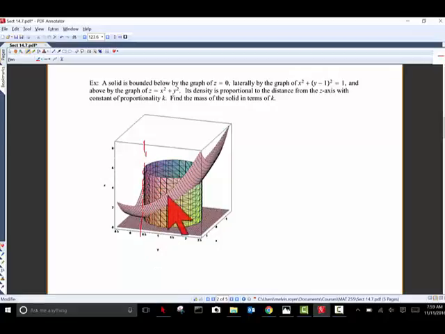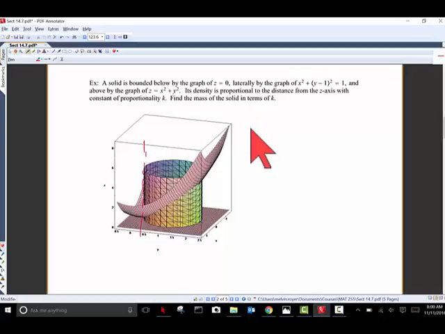And so then the farther away from the z-axis you get, the denser the object gets. So here it's fluffy as you move out away from the axis, getting more and more dense. We want to know the mass of the solid. It's going to depend on this constant k, so the problem says it's okay to use k in your answer.